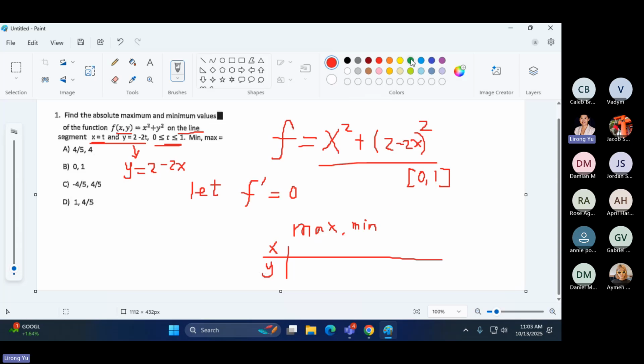For example, since we have a closed interval, the endpoints are definitely in the list, 0 and 1. And then any point that you might find by setting the derivative to 0 should be between 0 and 1. If it's not between 0 and 1, you don't have to consider it, and there's also no derivative issue. So let's find the derivative and set the derivative to 0. And then any critical point that we find should be in here.